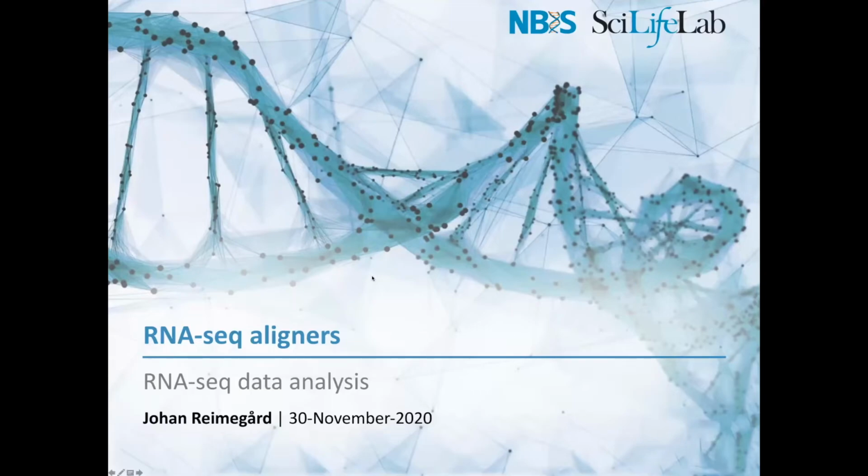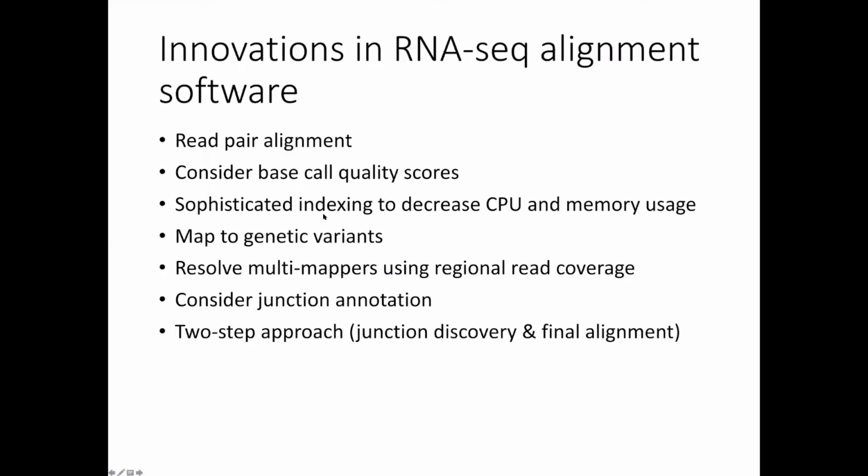Okay, so now I'm going to talk about RNA sequencing aligners and what's so special about them, and what the different things are that you often hear when you talk about these aligners. And what's the innovation and what makes them special compared to DNA mappers or aligners? Things they have in common are that they can do read pair alignments.